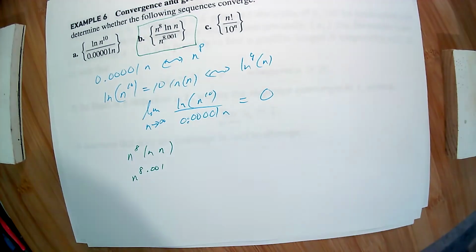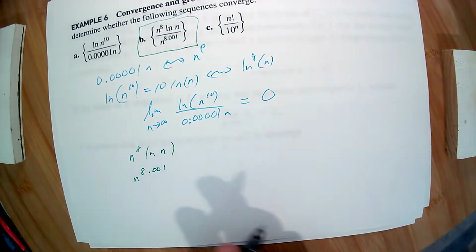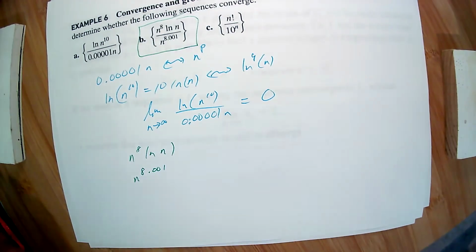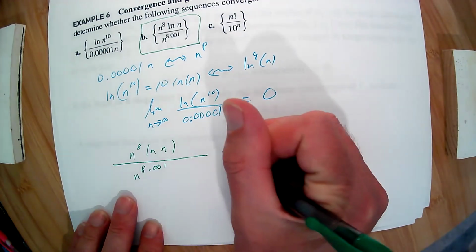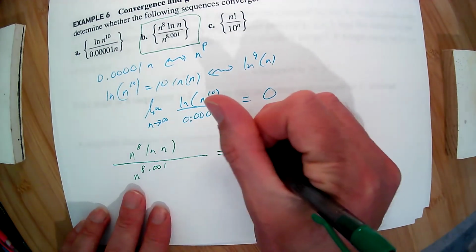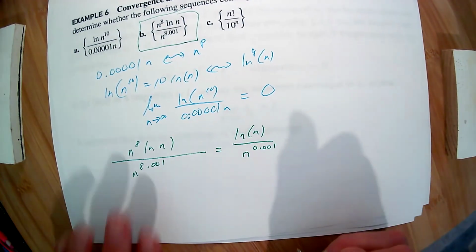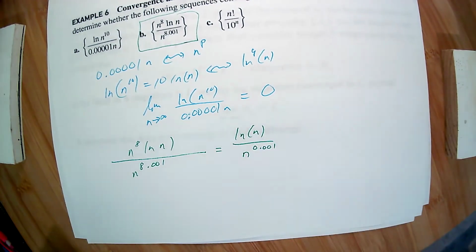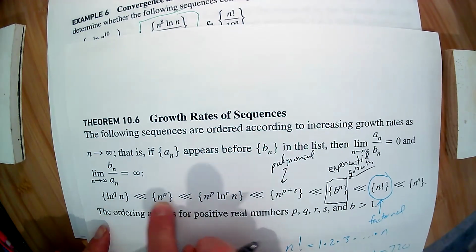There's a couple of ways to handle this. You could just simplify what the fraction looks like, which I would be inclined to do. You could take this and say it's natural log of n divided by n to the 0.001. Now I'm in the same situation as before.